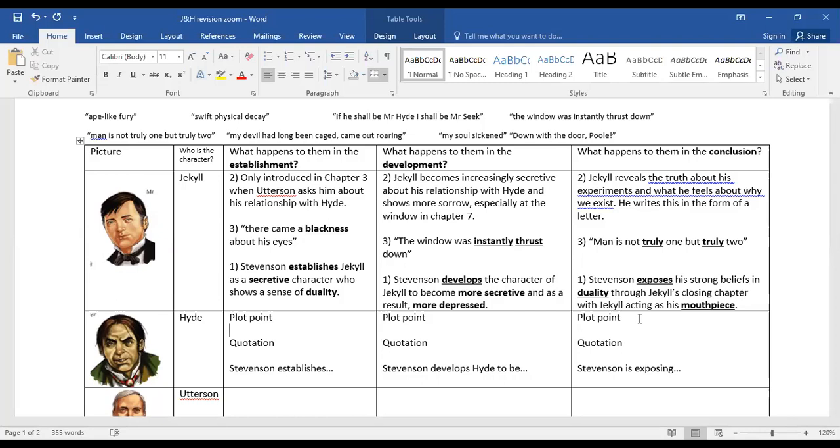I'll give you another five minutes of just doing this. Complete what I would suggest you put for Hyde, just at these points at the end here, just to finish off that session.